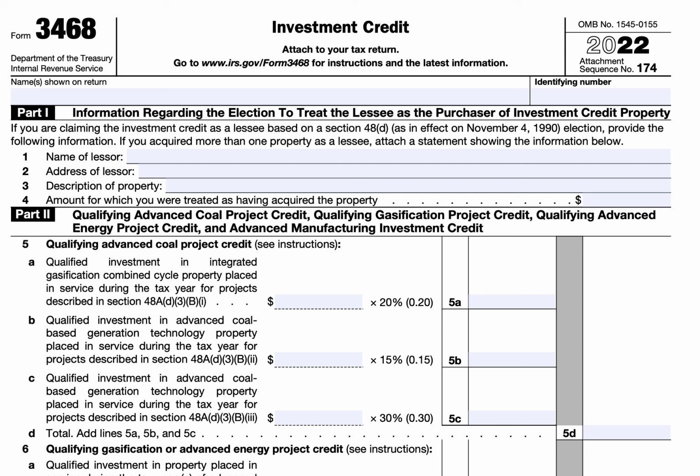You cannot claim a credit for property that is used by a governmental unit or a foreign person or entity. You cannot claim a credit for property that is used for lodging or in the furnishing of lodging. And you cannot take an investment credit for certain business property to the extent that it was already expensed under Section 179.